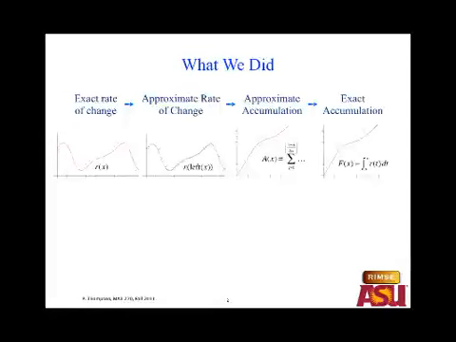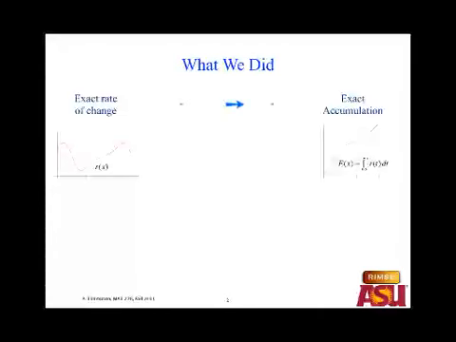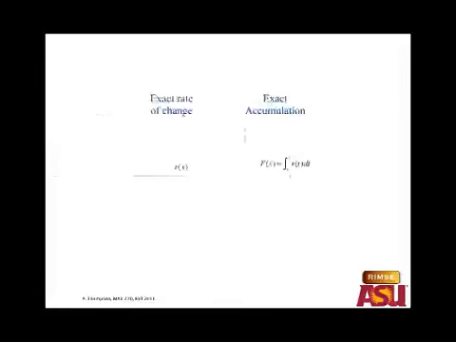We put in all the long hours, right? We paid our dues with all this stuff so that we could just say, if we have an exact rate, we know what the exact accumulation is. But we earn the right to say that. Go right from exact rate of change to exact accumulation with all this hard work we did to build up that accumulation function.